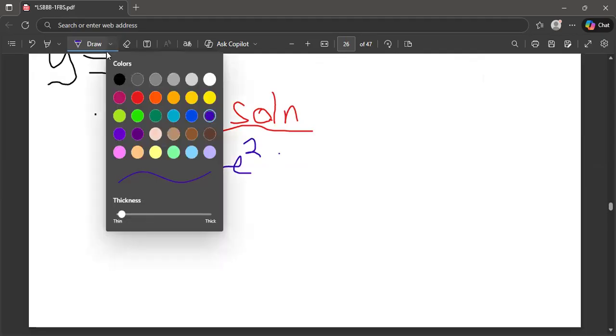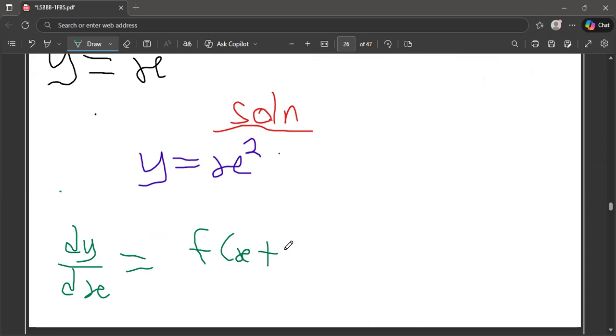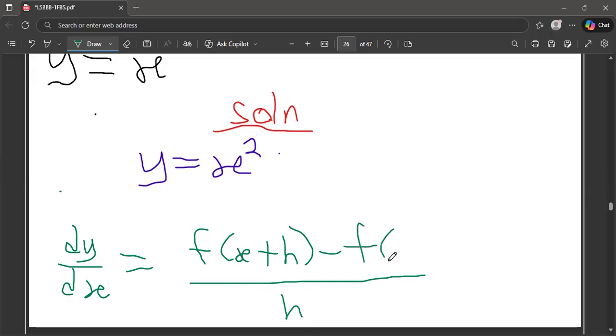But we just learned that from the first principle, our dy dx is in the form of f of x plus h, all over h, when we come to the numerator, minus f of x.